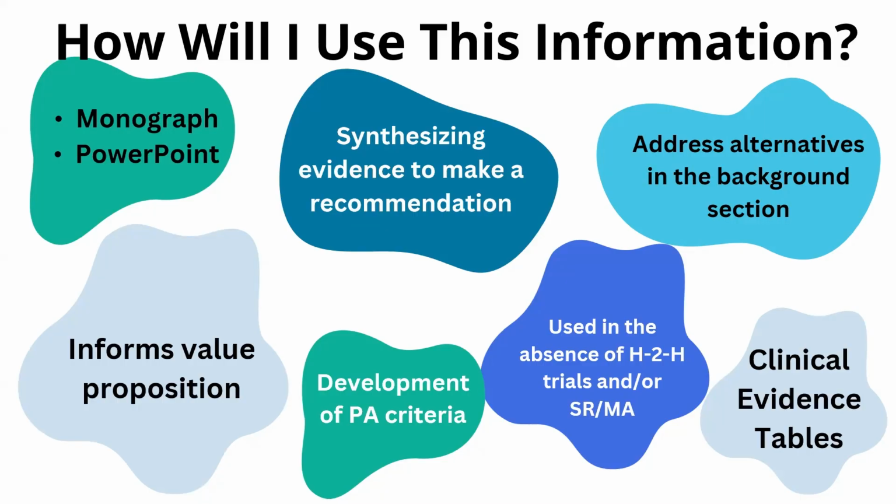It's the absence of evidence, but it's a great way, if multiple drugs have the same endpoint, to look at how this drug improved A1C from baseline, and how that drug compared on A1C from baseline. There are no head-to-head studies. Maybe you don't have systematic reviews and meta-analysis. This is a great way to inform value.